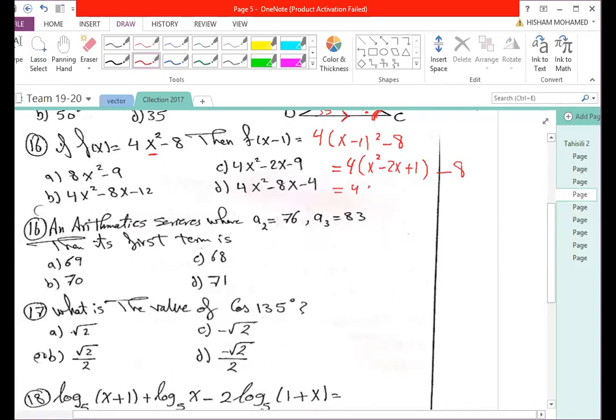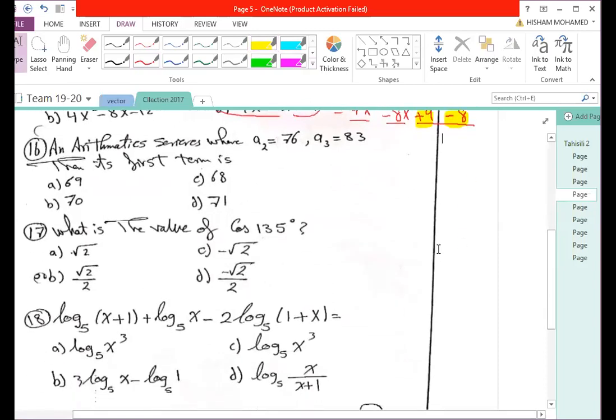So it's 4x squared minus 8x plus 4 minus 8, which is 4x squared minus 8x minus 4, after adding the two like terms, plus 4 and minus 8. So the answer is D.